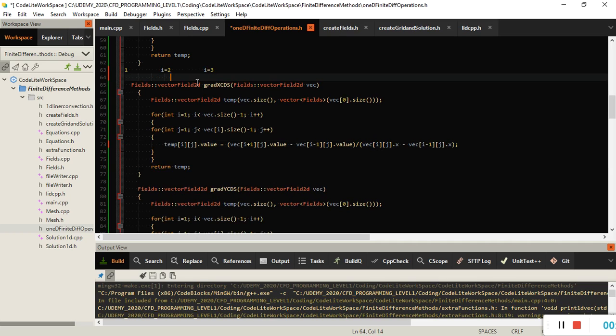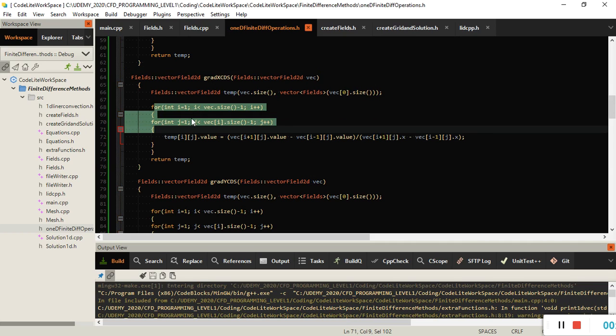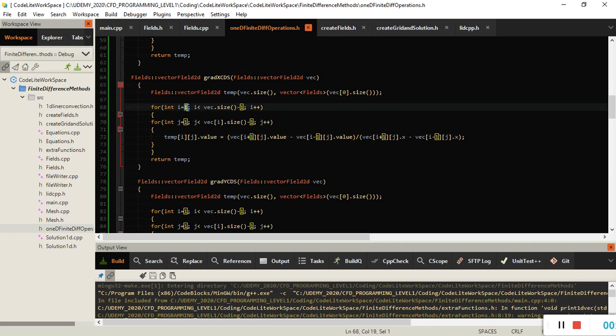So let's use the I plus 1 method for now, because we are only calculating in the internal field, starting from I equal 1 ending at size minus 1.